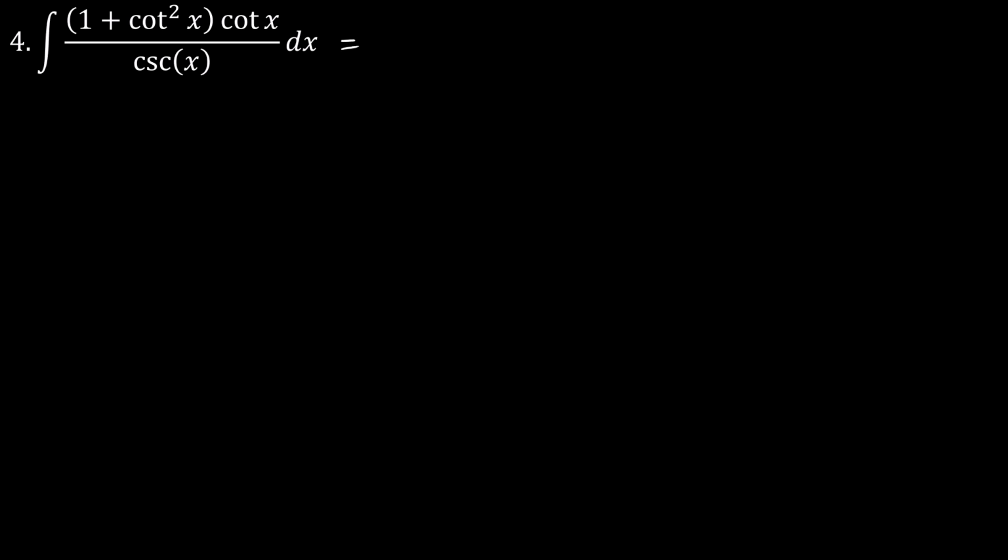Problem number 4. Here we have an indefinite integral of 1 plus cotangent squared of x times cotangent of x over cosecant of x. Now 1 plus cotangent squared of x is the same as the cosecant squared of x. So what we have here is cosec squared of x times cotangent of x over cosec of x.